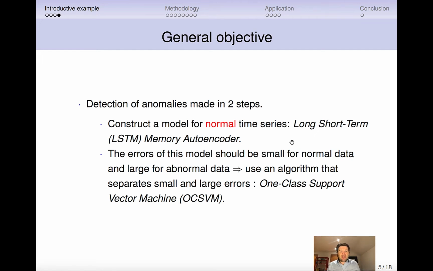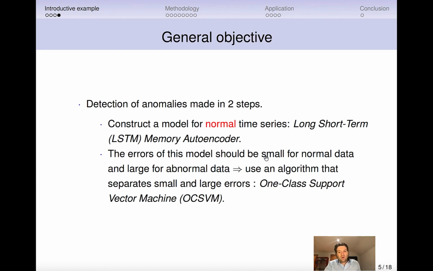Thus, we construct a model and we have residuals for this model. This model is very good for motors that are working well. It should be very bad for motors that are not working well. That means that the resulting errors of this model should be larger for motors that do not work well with respect to motors that work well.